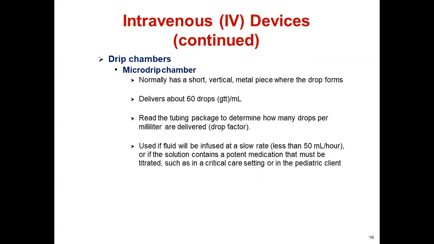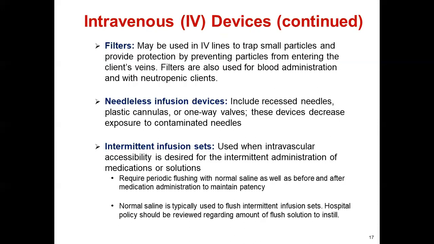Use it if the fluid will be infused at a slow rate, meaning less than 50 ml per hour, or if the solution contains a potent medication that must be titrated, such as in a critical care setting or for a pediatric client.